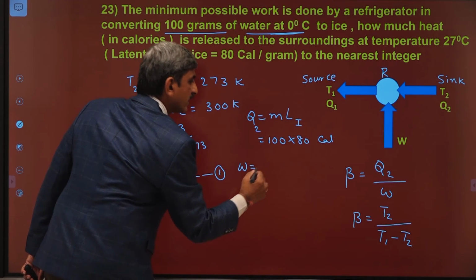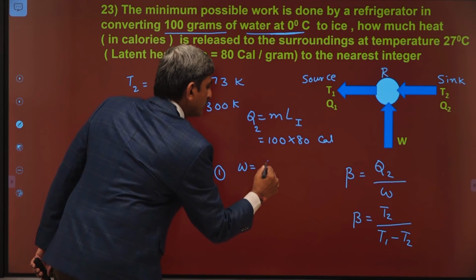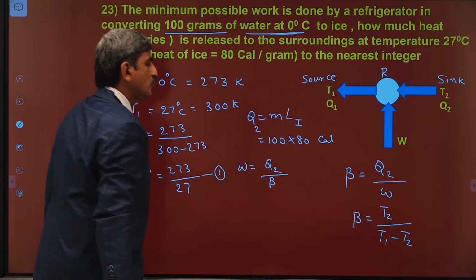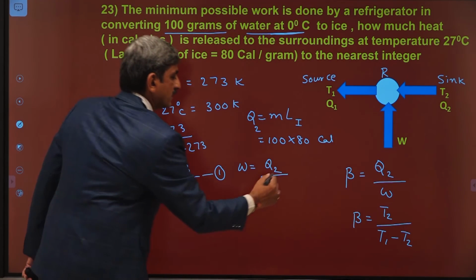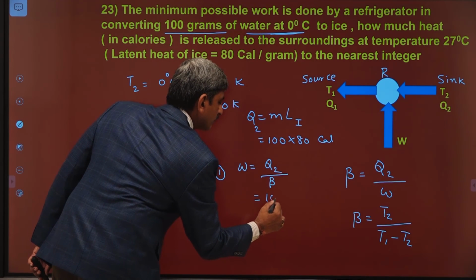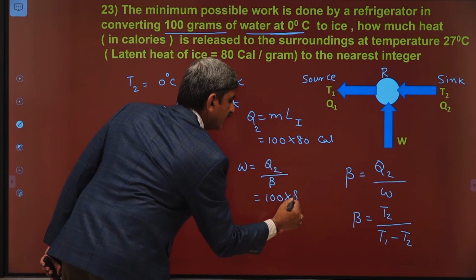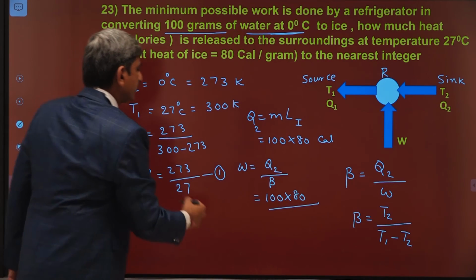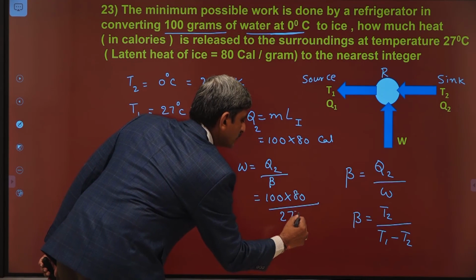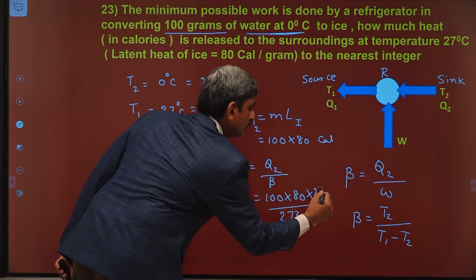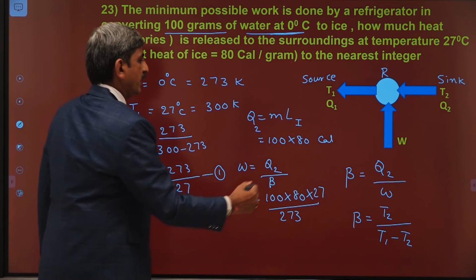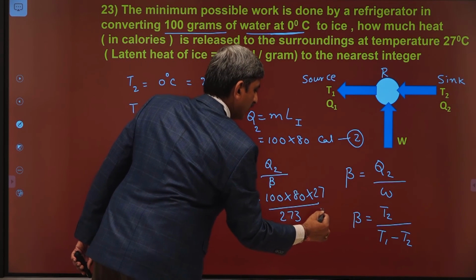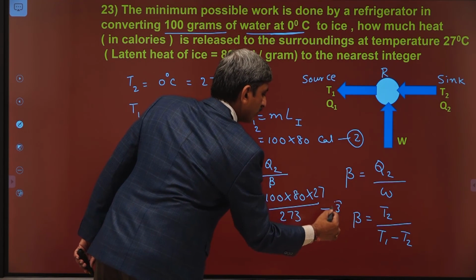Now by knowing this Q2 value and beta value, we can determine the work done. Therefore, the work done is equal to Q2 by beta, which is equal to 100 into 80 divided by beta, which is 273 by 27. So 100 into 80 into 27 divided by 273. Now here we have the Q2 value and here we have the work value.